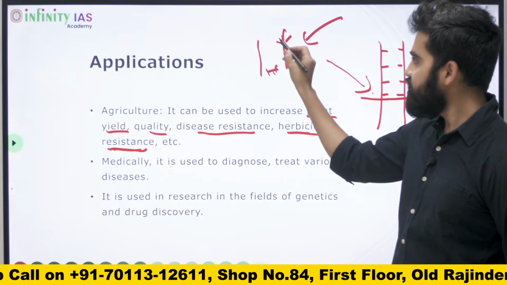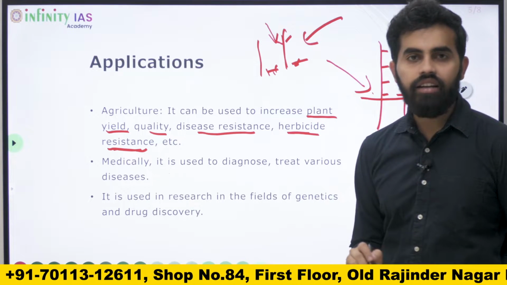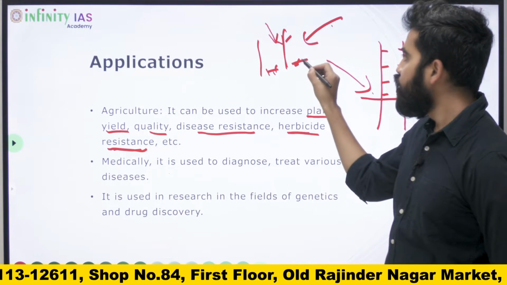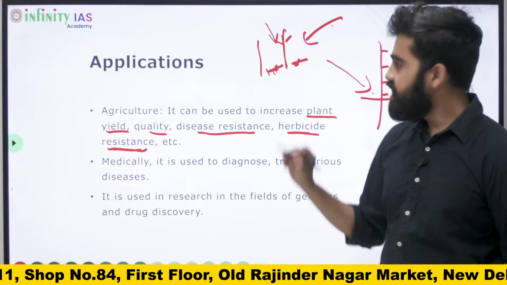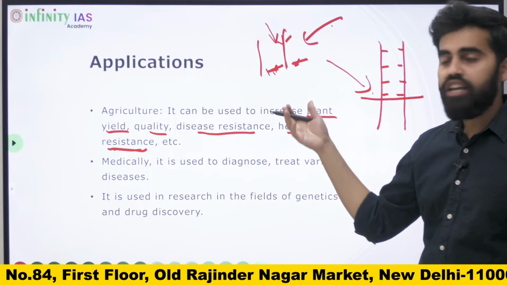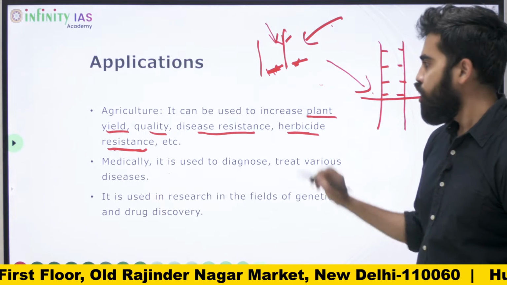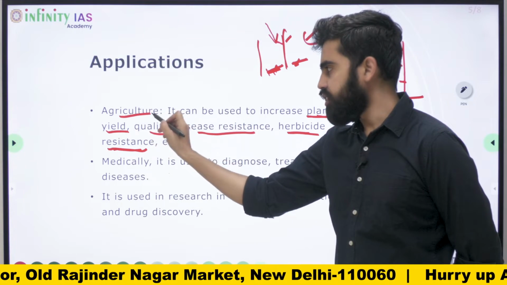So if we insert a specific herbicide resistance gene into this plant, we can use this chemical herbicide or weedicide to kill only the weeds and not our plant. In this way, our farm yield will increase, and at the same time, the problem of weeds will decrease. So such things can be done using CRISPR in agriculture.